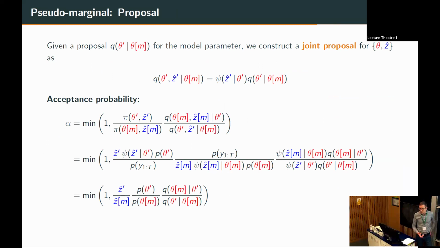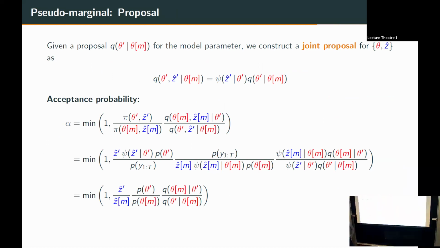And we can control them in similar ways, well, for the Q part at least, similar to a standard MCMC, where you can reduce or increase the step size in some way. For psi, it's really about improving your particle filter estimate.